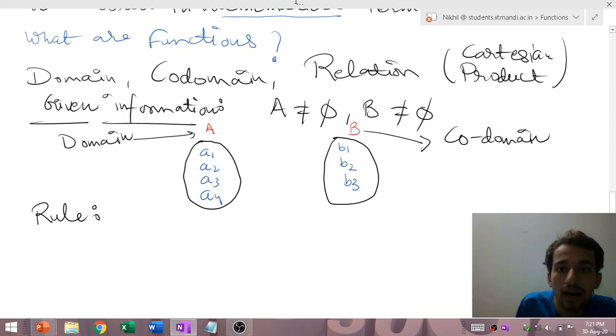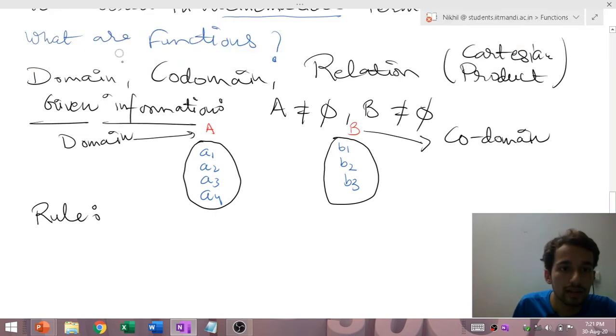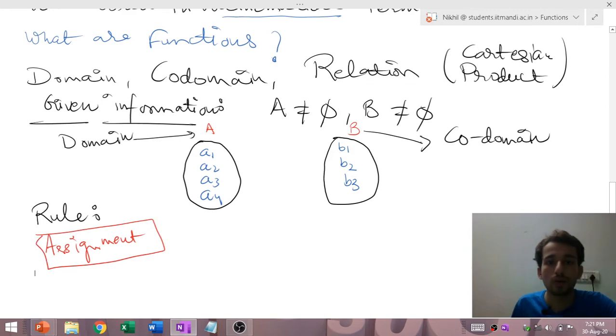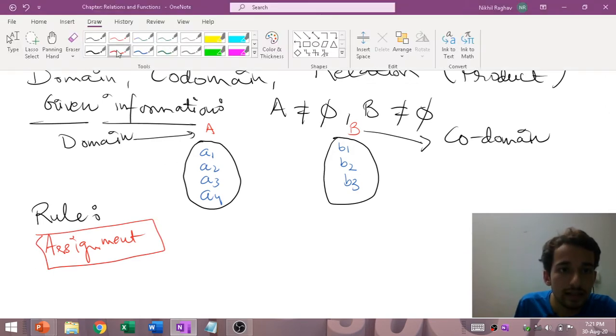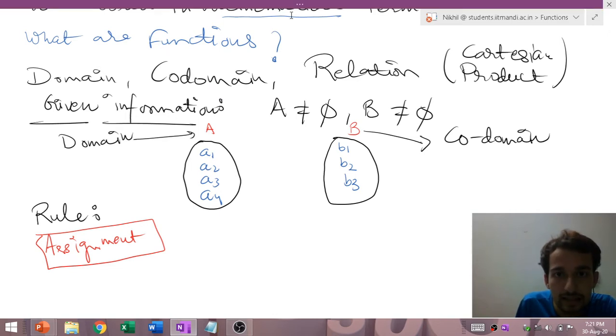What is the term I am using? Assignment. So let's try to understand this. This word is very important for us. Assignment.